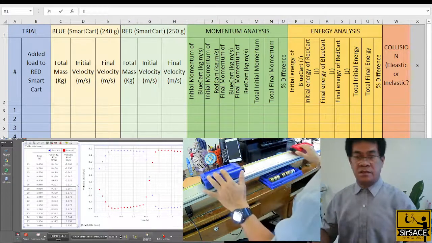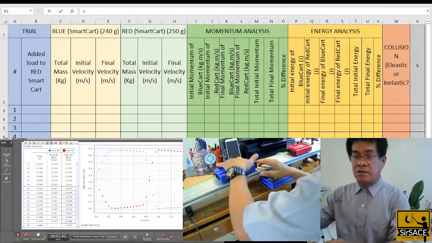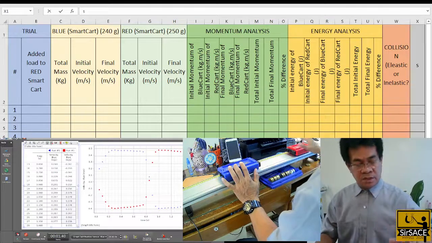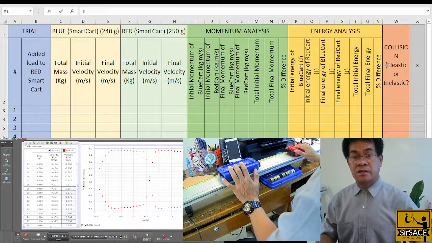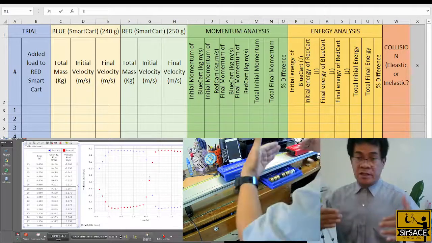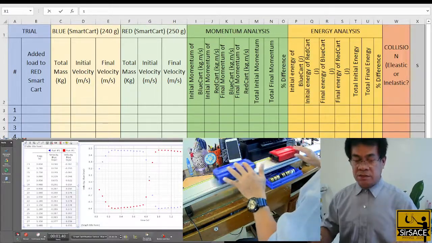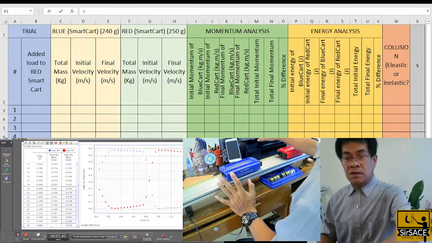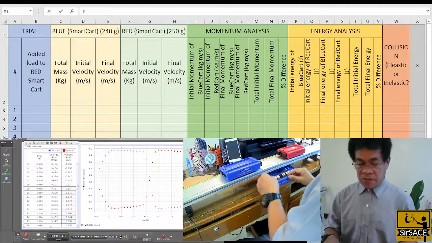Again, as I've said, we will maintain the mass of blue, which is 0.24 or 240 grams, and we will vary the red. We will vary the change in its mass, the difference in its mass. For example, we will start at 100.